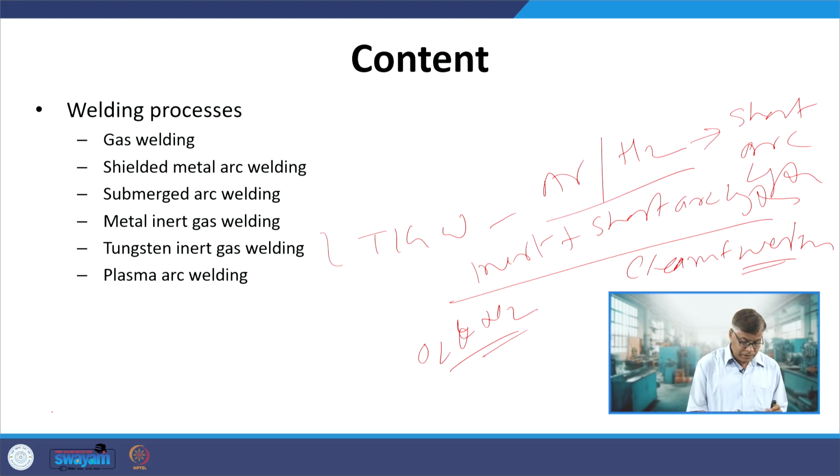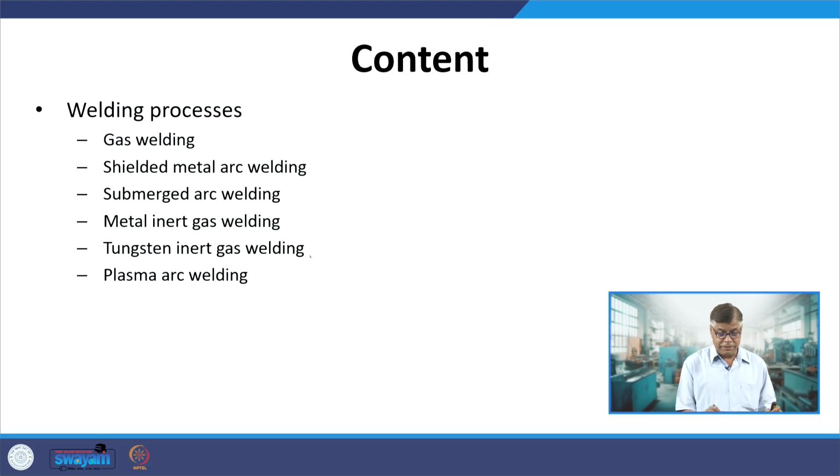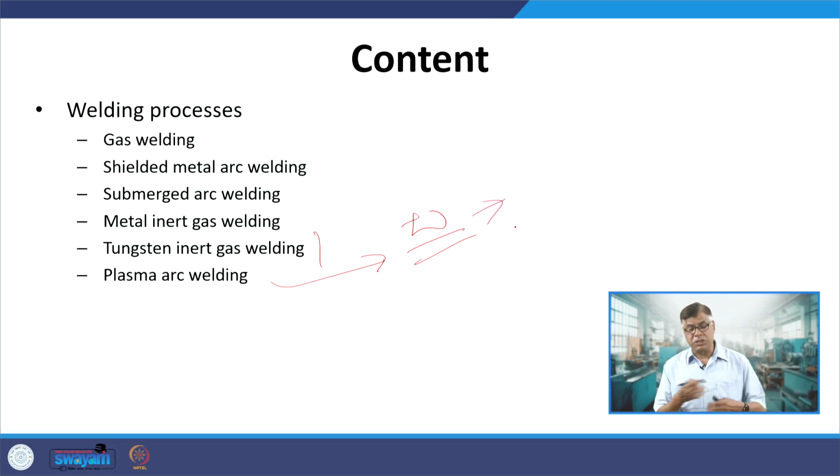Then another variant of TIG welding, which you can say is the advanced version of TIG welding, also uses a tungsten electrode, but here the constriction of the arc is realized by forming the plasma. A plasma forming gas is used, and the tungsten electrode develops the arc that helps in forming the plasma.